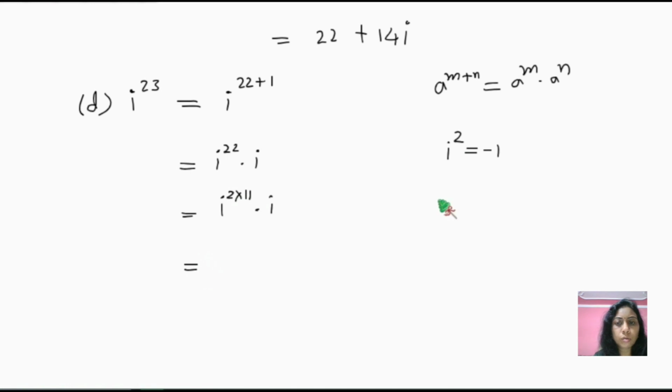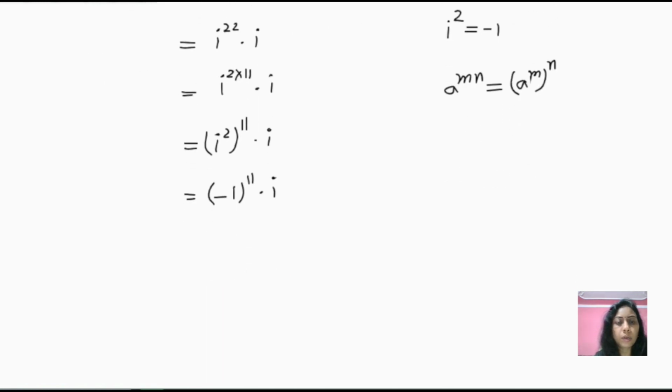So a to the power m times n means we can write a to the power m, to the power n. So we can write i squared to the power 11 times i. And now we can put the i squared value, this minus 1, to the power 11 multiplied by i.